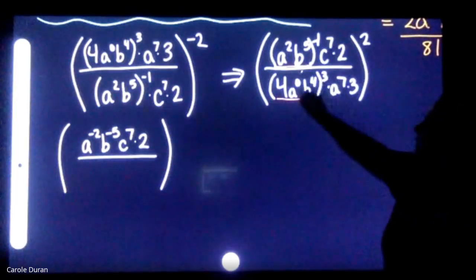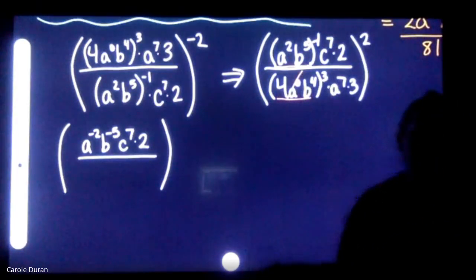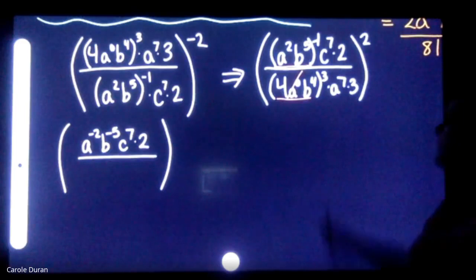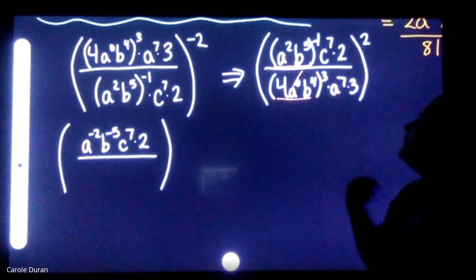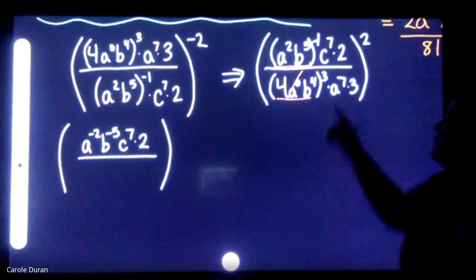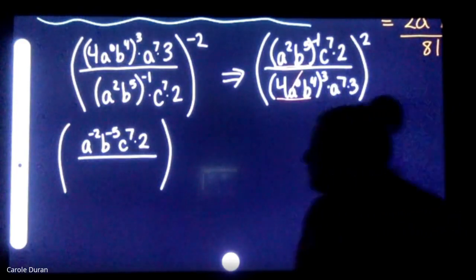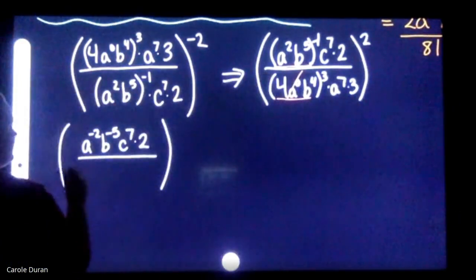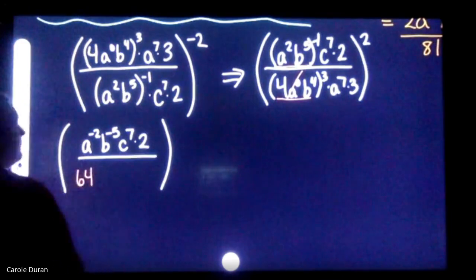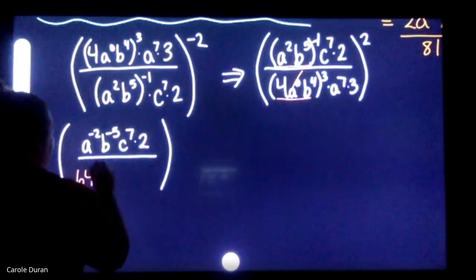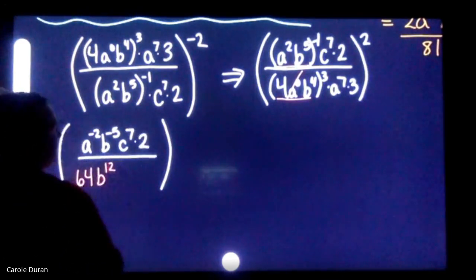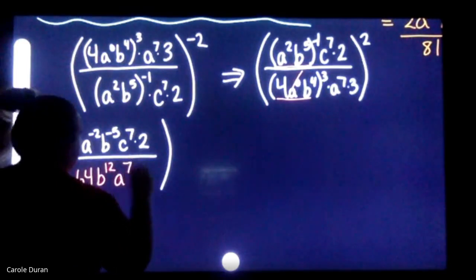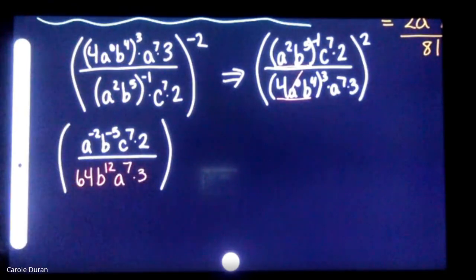So I technically don't even have to include it, because 1 isn't going to change any of my values. So I just have 4 and b to the 4th. Nothing I can put together there. So I need to raise each of those to the 3rd power. 4 cubed is 64. B to the 4th times 3 becomes b to the 12. And then I have a^7 and I have 3. And this is all squared.